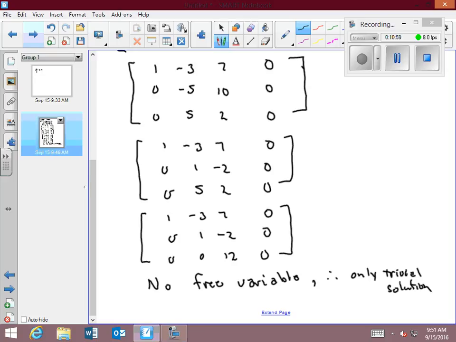Say, then it would have a free variable. Then it would have a non-trivial solution. But as long as it does not have a row of zeros, the only thing it has is the trivial solution.